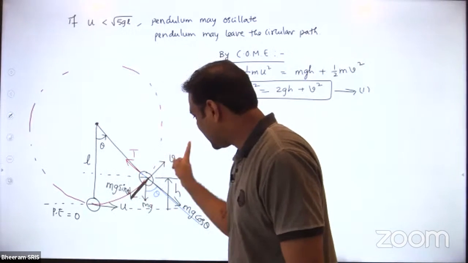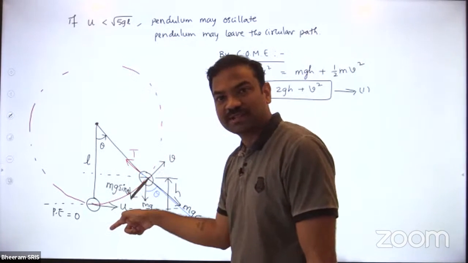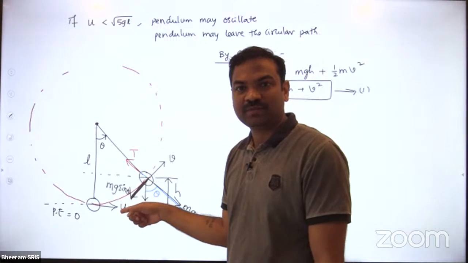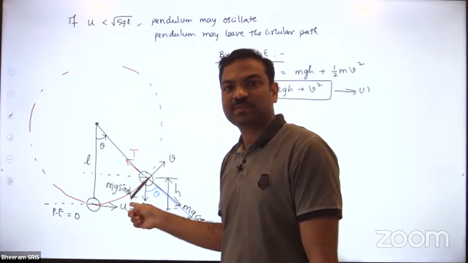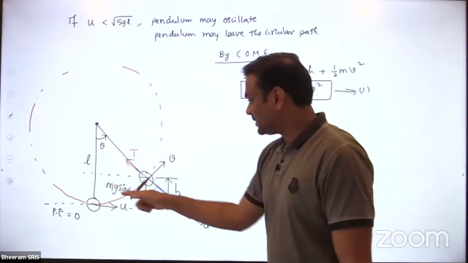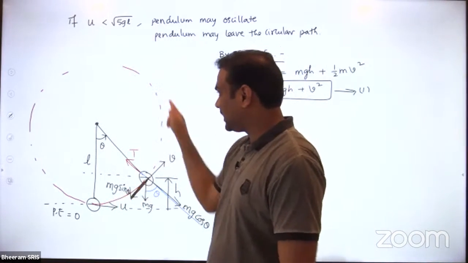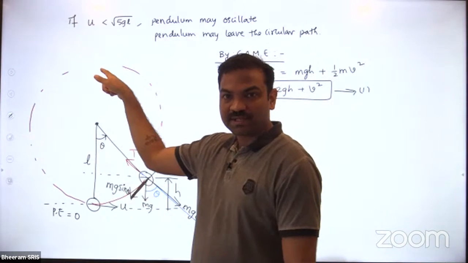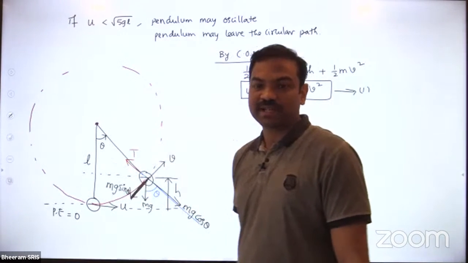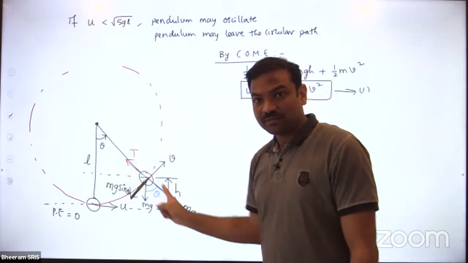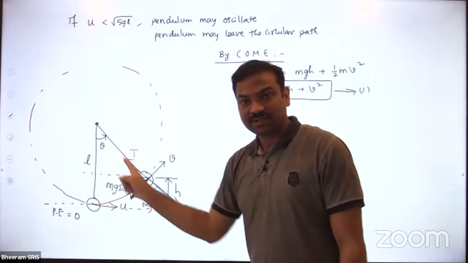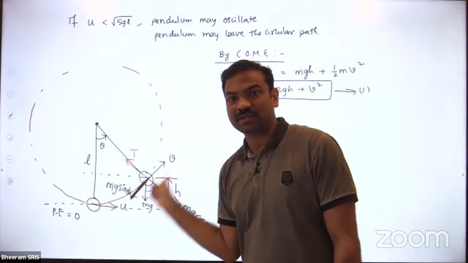Velocity is in one direction, and mg sin theta is in the opposite direction. I think you remember non-uniform circular motion. If velocity and tangential acceleration are opposite to each other, speed decreases. So in the right half of the circle, speed decreases, whereas in the left half of the circle, speed increases. There is an acceleration towards the center and an acceleration along the tangent.